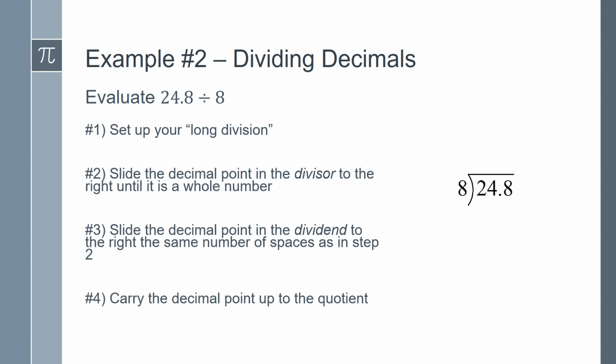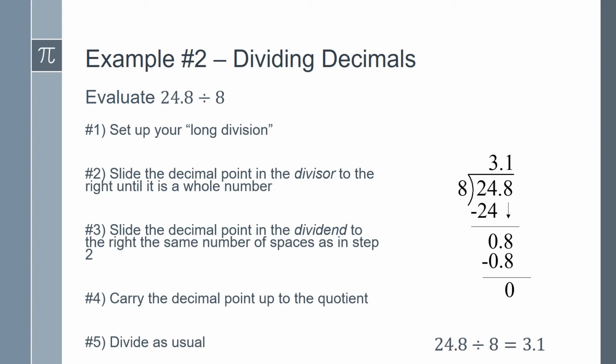Now we'll carry the decimal point up to the quotient, and then we'll divide as usual. 8 doesn't go into 2, but it does go into 24 3 times. 24 minus 24 is 0, and now we'll carry down the 8, and 8 goes into 8 one time. So 24.8 divided by 8 equals 3.1.